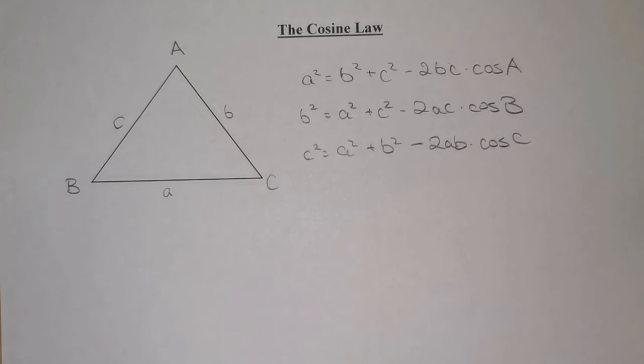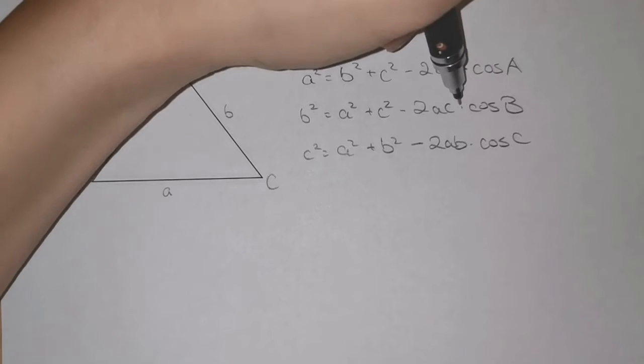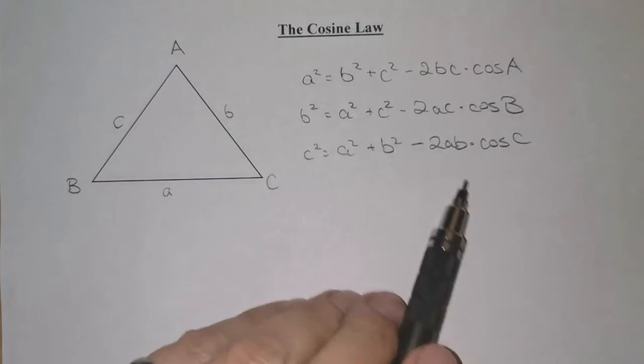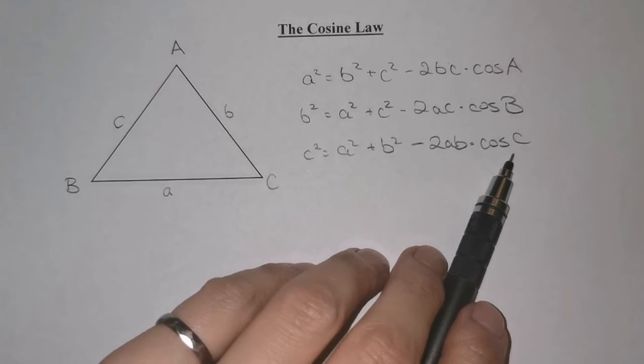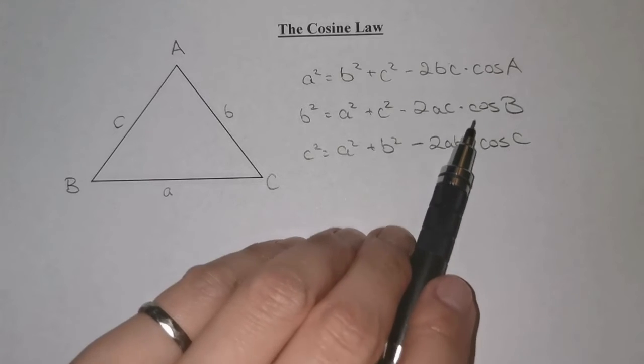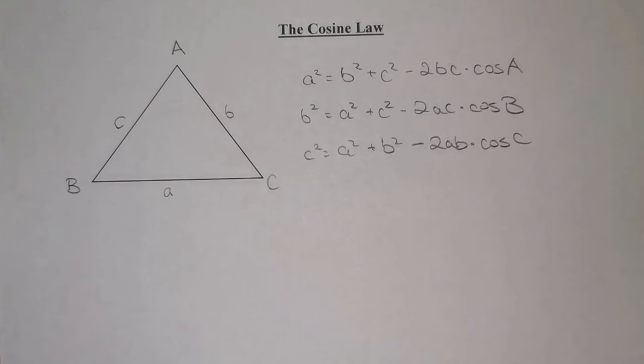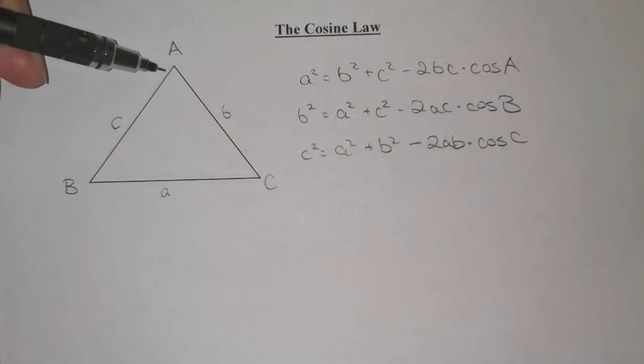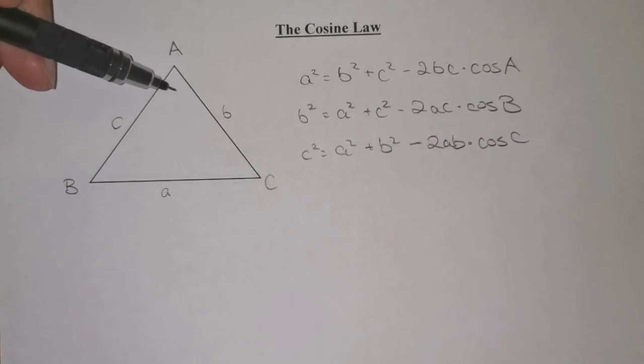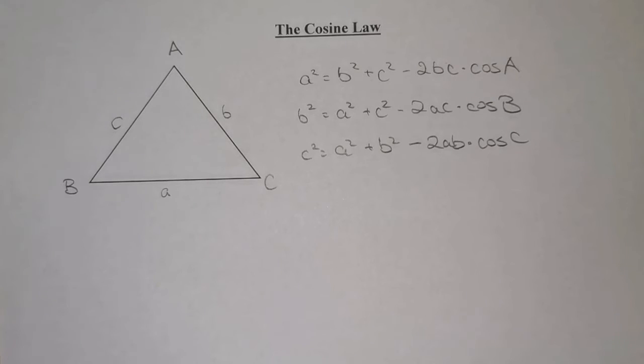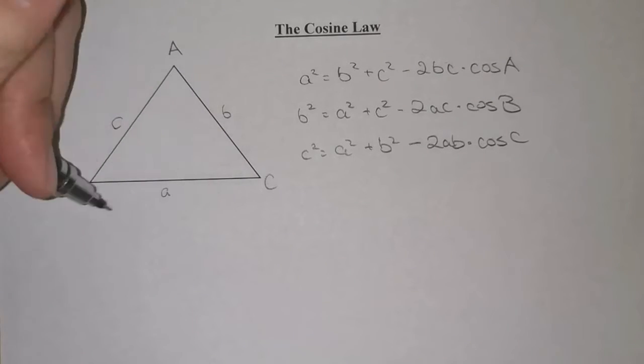Okay, so when we get to here, it's important to remember that this here is a multiply in between the 2ab times cos B. I wrote it a little bit separate so that you can be very clear it's multiply and that you have to follow BEDMAS when doing this. So if you're looking for side A, you need the two other sides and the angle contained in between the two sides.